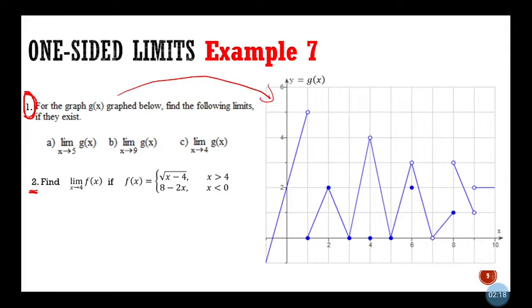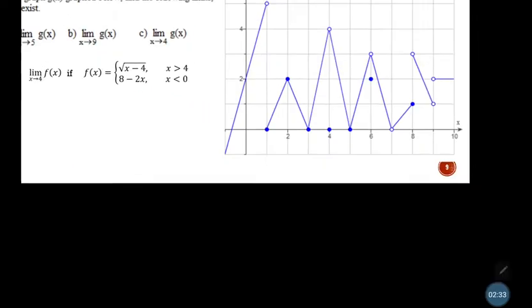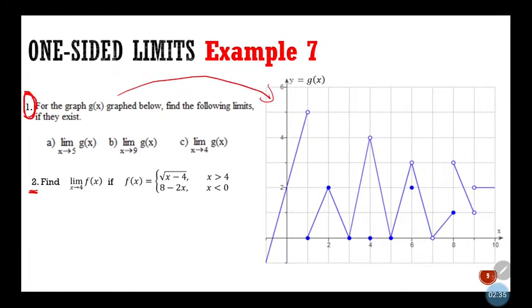But those who downloaded the notes straight away when I told you I had uploaded them may find there is some mistake here. Mine here is also not the revised version, so I'm going to make the correction now. This is not x less than 0, but supposed to be x less than 4.